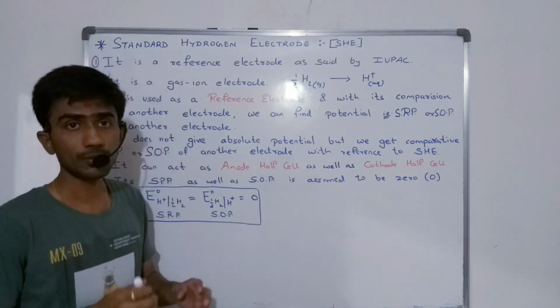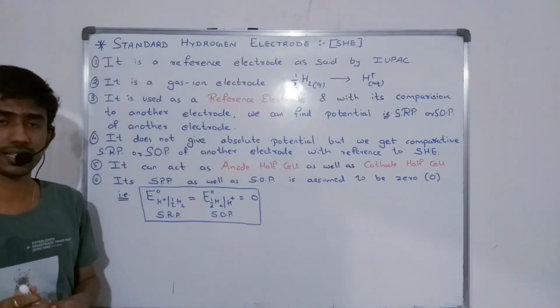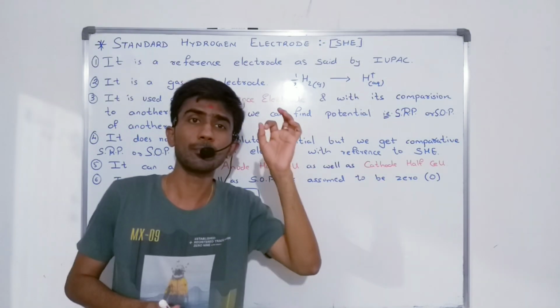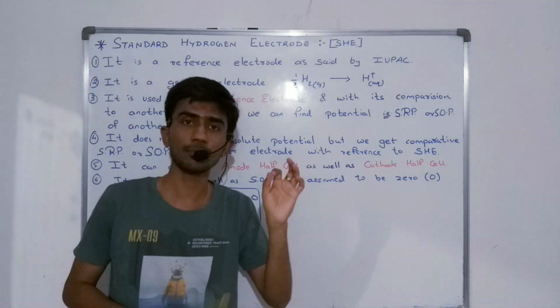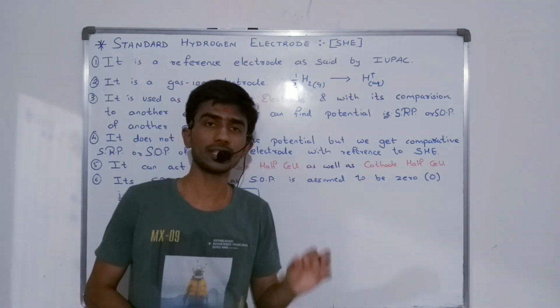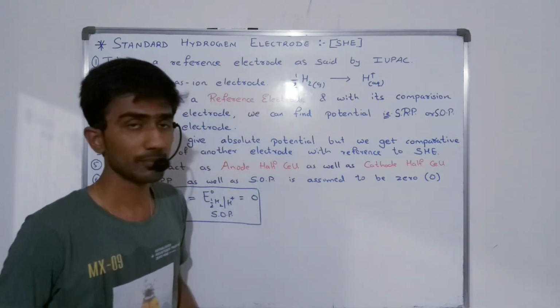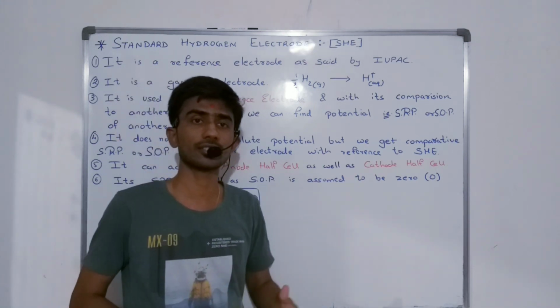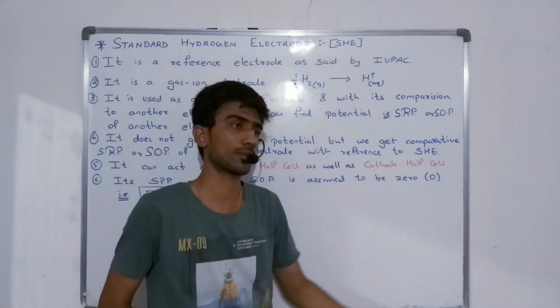Now, with the help of this reference electrode, the value of another electrode that we are getting is a comparative value. It is not an absolute value. It is a comparative value, because by comparing it with this hydrogen electrode we are getting the standard reduction potential of another metal electrode.